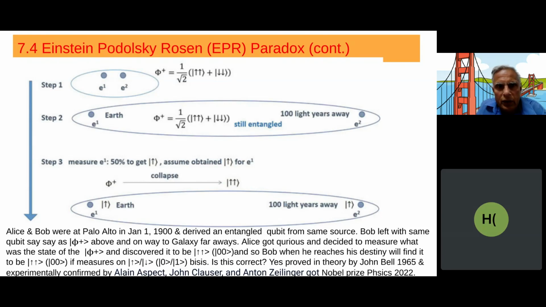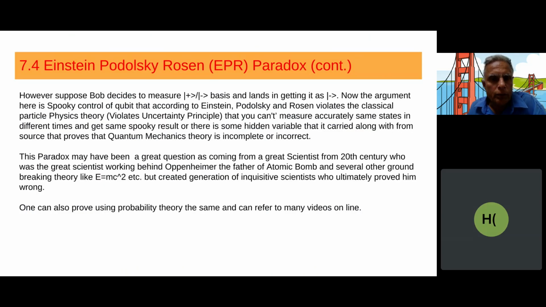That's called the Einstein Podolsky Rosen paradox. Ultimately, what we want to say here is that the argument given by EPR was that if you measure in terms of plus minus 1 on Bob's end, whereas Alice's end was made in terms of kets 0 and 1, then obviously you will get a different result, because they are not in the same basis.